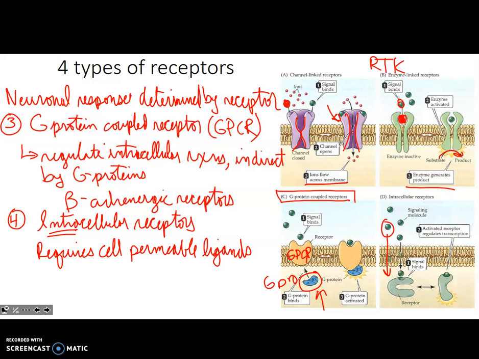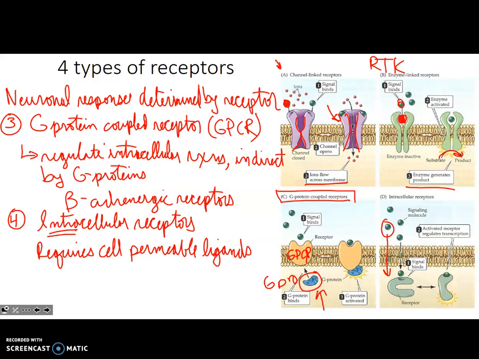What they tend to do is target DNA and change transcription and thereby translation. So their changes aren't going to be nearly as immediate as, say, the channel-linked receptors, right, which we think of as fast activating, right? Change happens quickly. Intracellular receptors, out of all the four of these, change is going to happen the slowest because they're going to influence the entire genetic program of the cell, right?